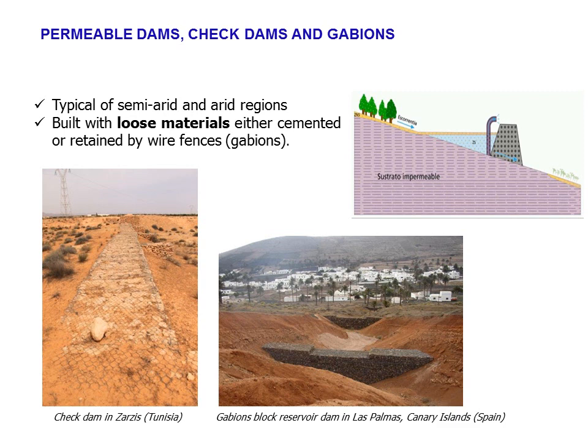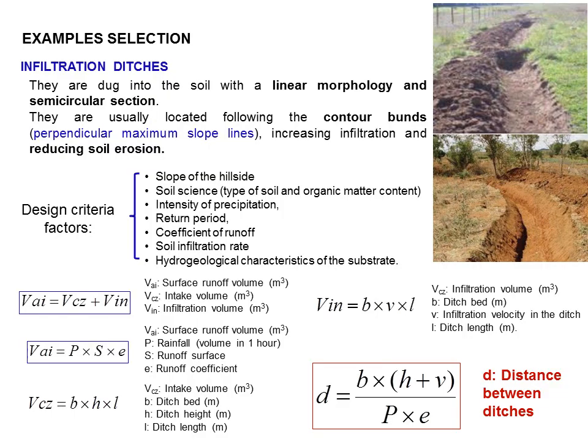The permeable dams, check dams, and gabions are typical of semi-arid and arid regions and are built with loose materials, either cemented or retained by means of fences. Infiltration ditches are dug in the soil with a linear morphology and semicircular sections.